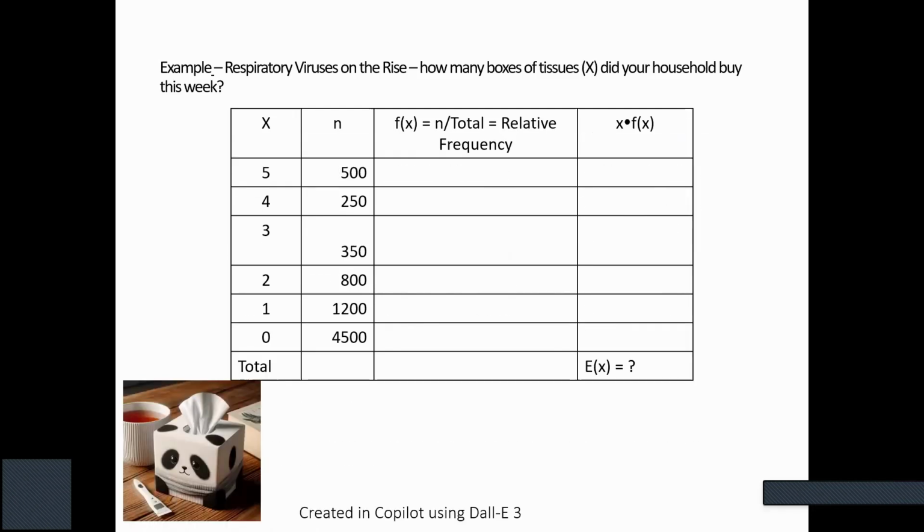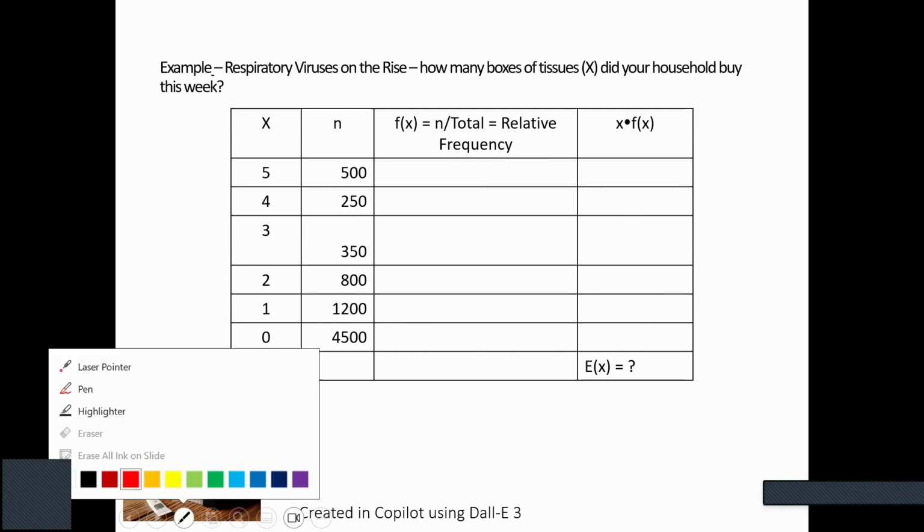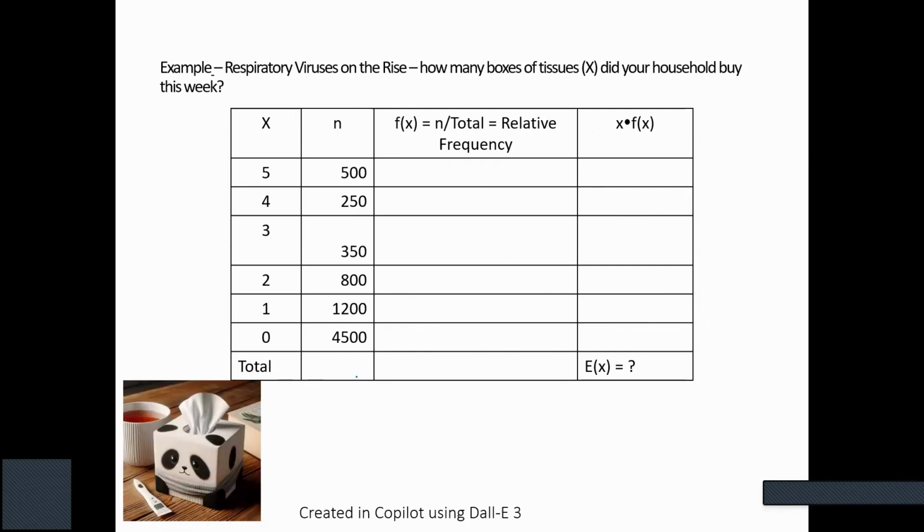It is actually 7,600. I'm going to cheat and look on the next slide. So the total is 7,600. And so the relative frequency of the first one would be 500 divided by 7,600. You can see that's on the next slide.